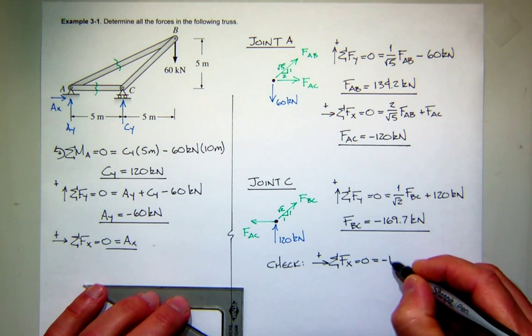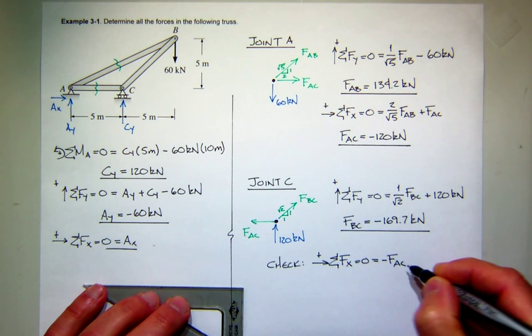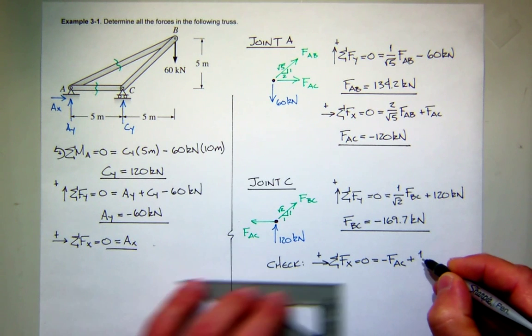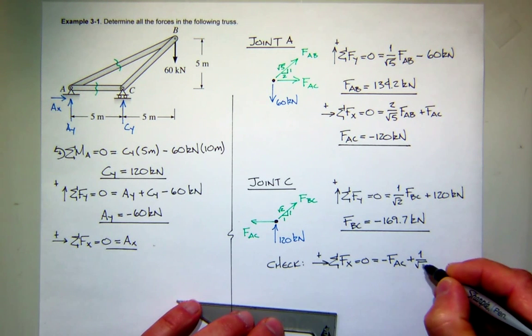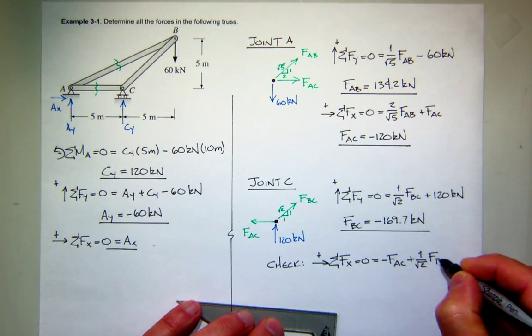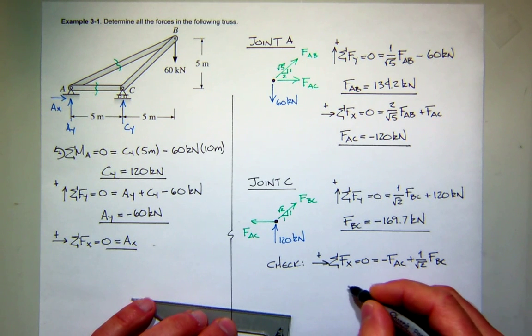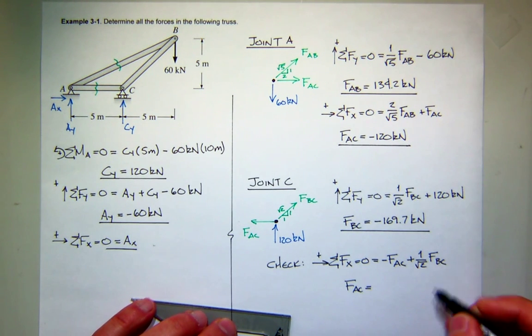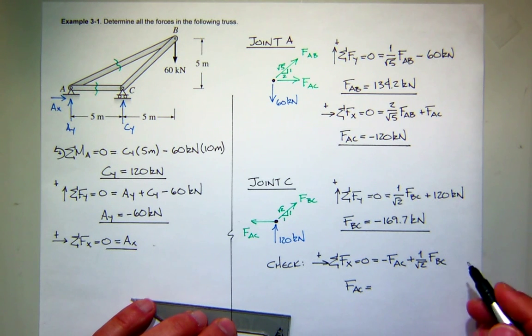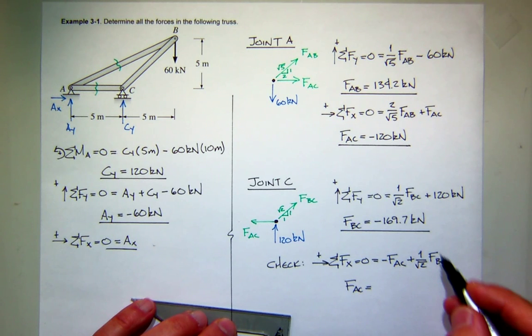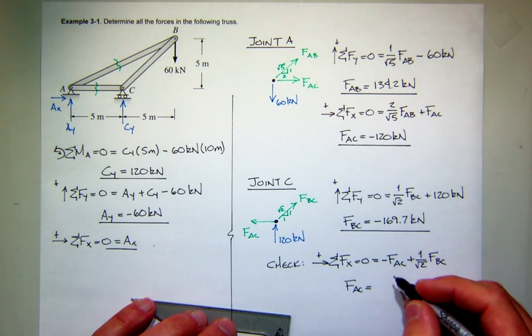So I have AC to the left plus 1 over the square root of 2, my force BC. So what is the force in AC equal to? 120. It looks like it's going to be negative. Well, I got BC as negative. Yeah, so it's going to be negative 120, right?